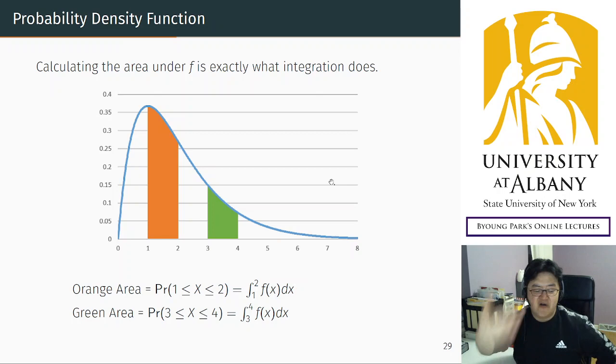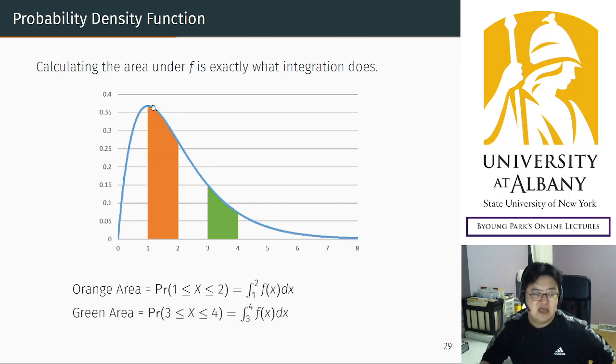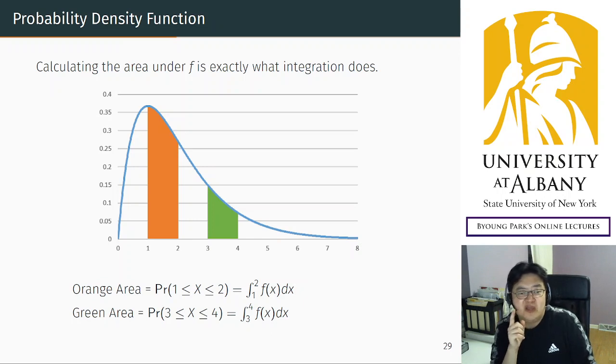And to take one step further, I want you to understand the area as an integral, right? So the orange area is the area below the function between 1 and 2. This is exactly what we calculate with integration. So the integral from 1 to 2 of f(x) dx is this area. So the orange area is the result of this integral.